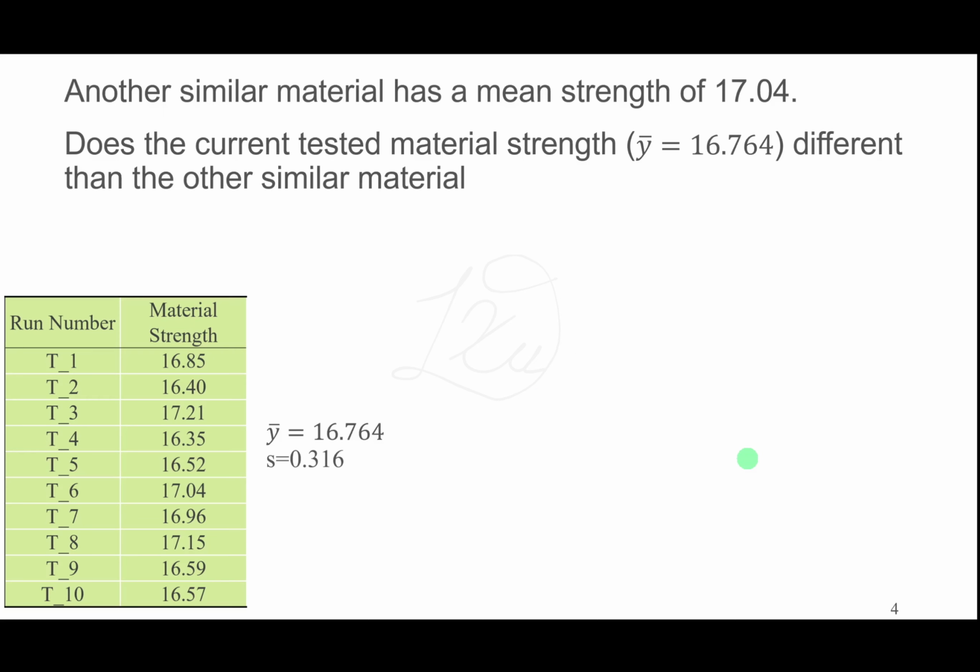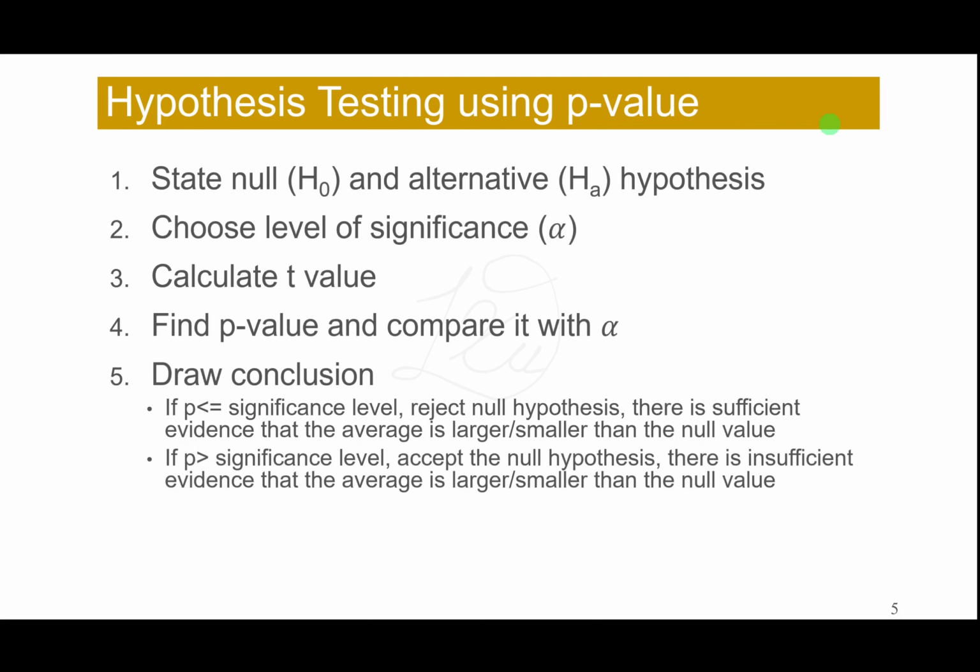Using the same data set here, the sample average is 16.764. Now we want to compare whether the tested material population mean strength is smaller than another material with a mean strength of 17.04. We will use the p-value in this hypothesis testing. There are 5 steps.